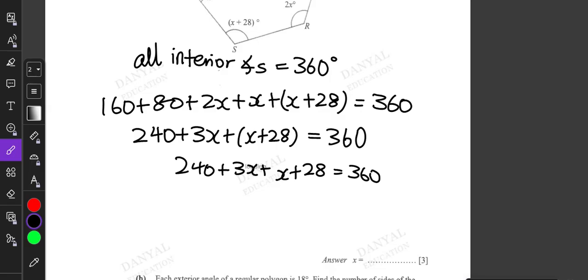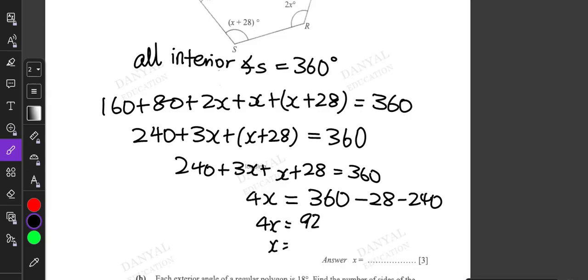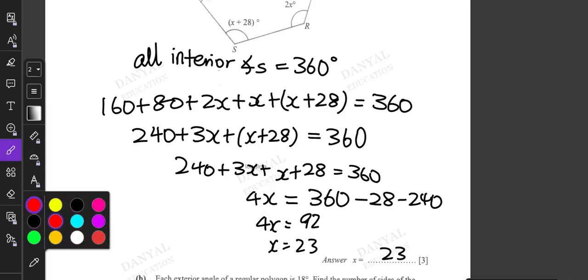Then on this step you will shift the numbers to the right. You have to bring down all your x's here. Okay, this is your 3 marks.